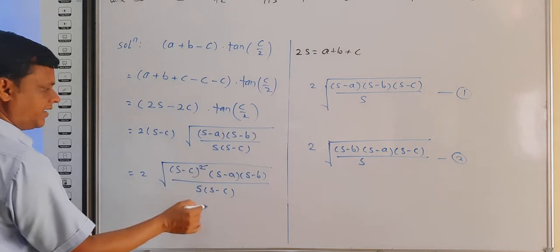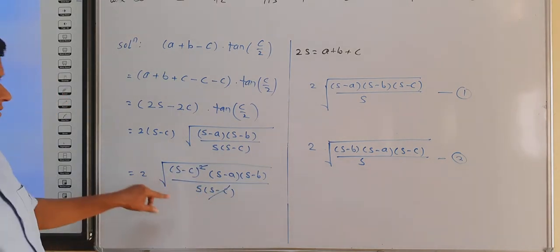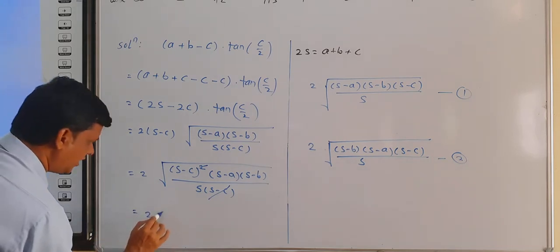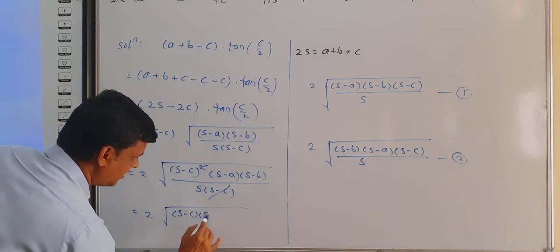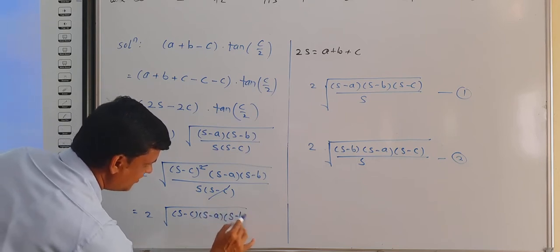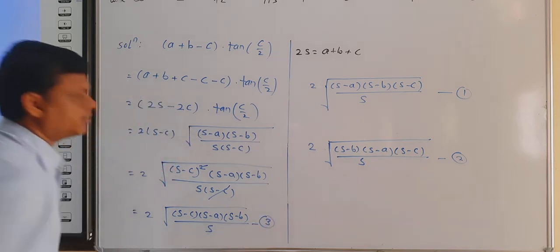So one (s − c) gets cancelled with this (s − c). So from this we write 2 times under root (s − c)(s − a)(s − b) upon s. Now denote this as equation number 3.